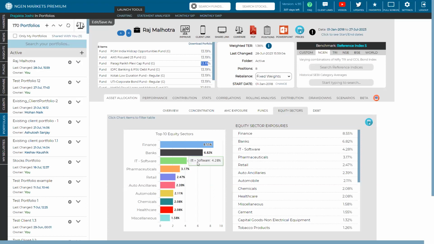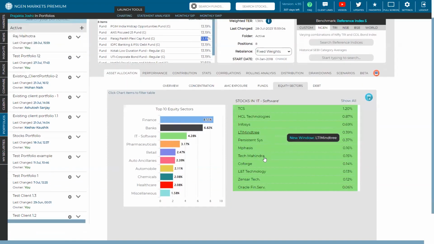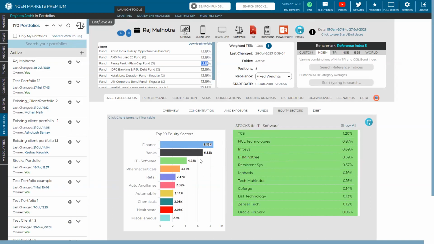You can see that currently, based upon the current holdings in the portfolio, your exposure to IT is 4.28%. And which underlying stocks is that coming from? Just click on IT software as a bar graph and you will see the underlying stocks from IT as a sector, contributing to the portfolio exposure to IT to an extent of 4%. Okay, this is an equity sector wise analysis that you can do.